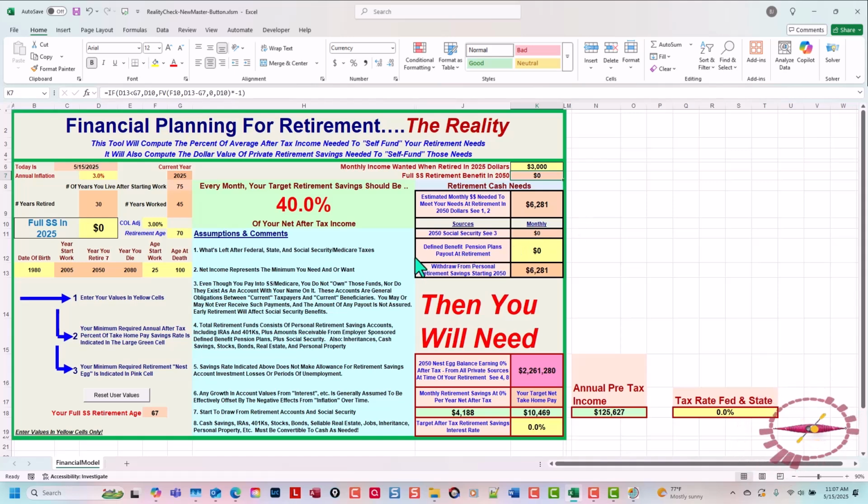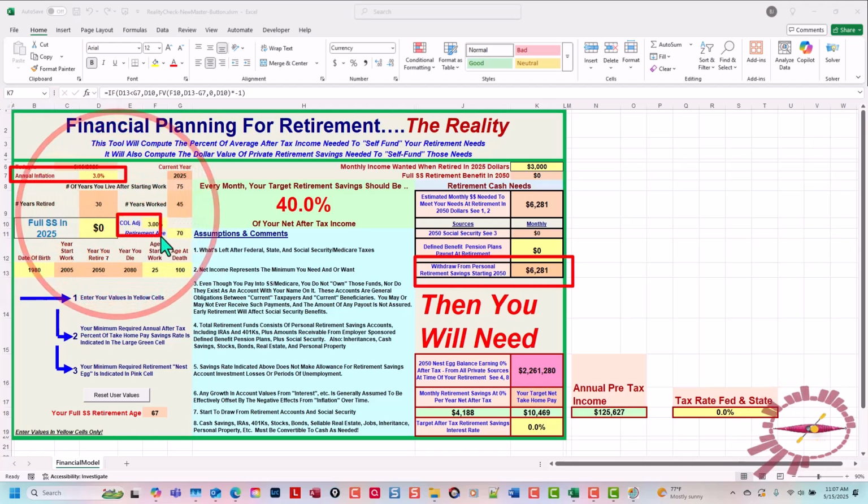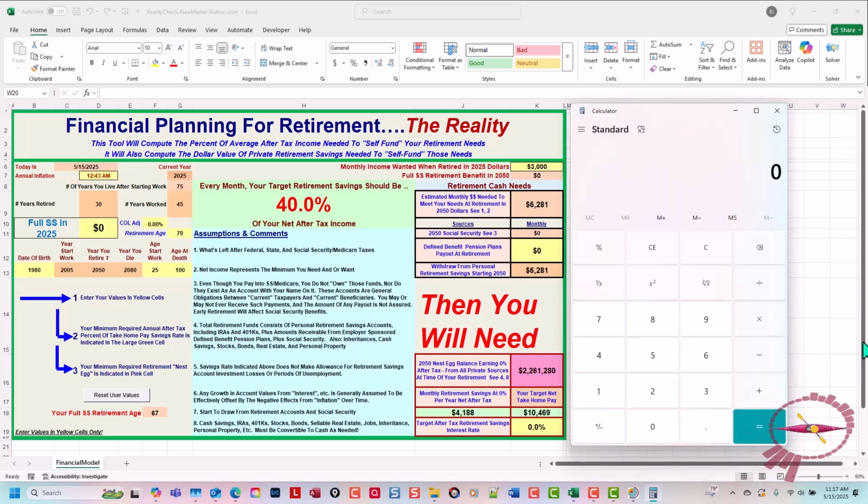Accordingly, needing to draw $6,281 out of the Social Security nest egg account, assuming that annual inflation is 3%, and that Social Security had provided us a 3% cost of living adjustment as we went along, well then we would need a Social Security nest egg of approximately $2,261,000.